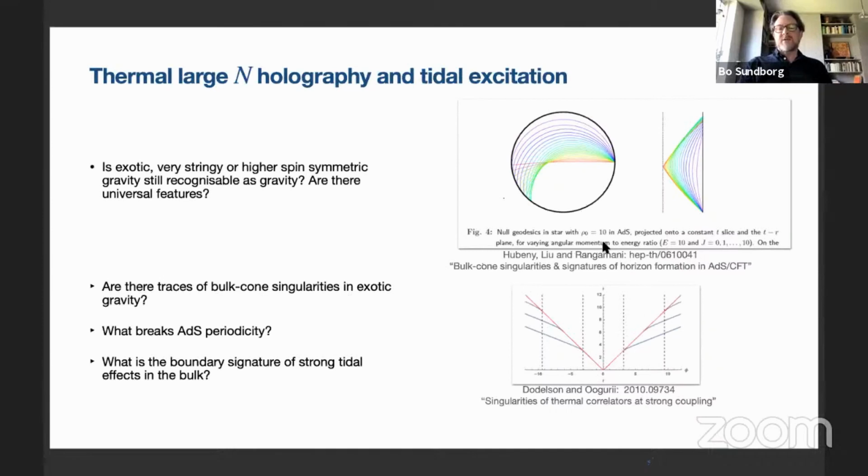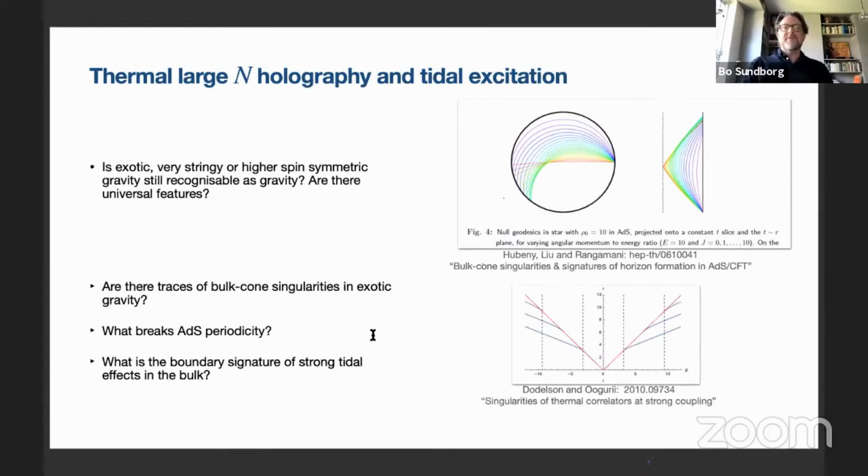So the fact that you get images on the boundary that are modified because of the presence of a compact object in the center is what's interesting.